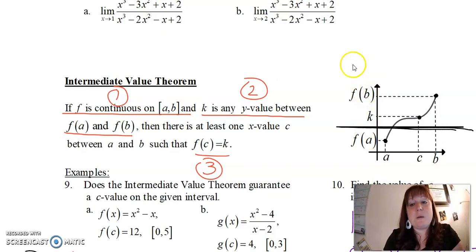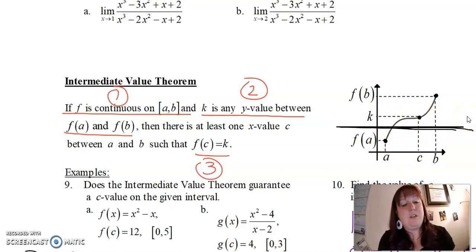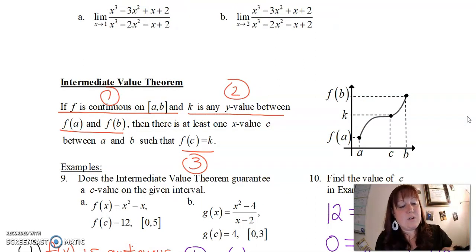If we're looking for some number up here, the intermediate value theorem doesn't guarantee that the function does a loop-de-loop up and back down, right? So if those two conditions are met, then we guarantee that there is some x value where this function crosses the line k.